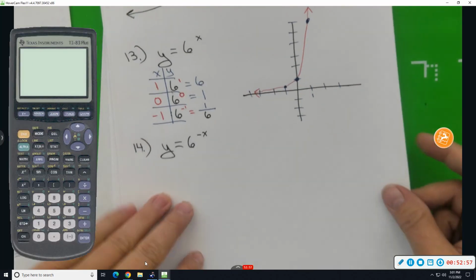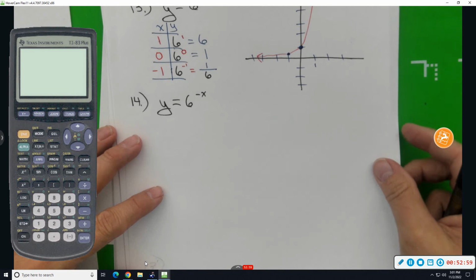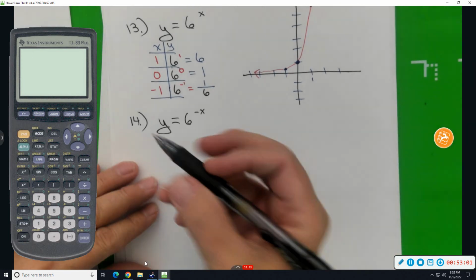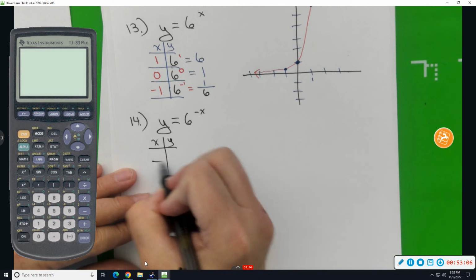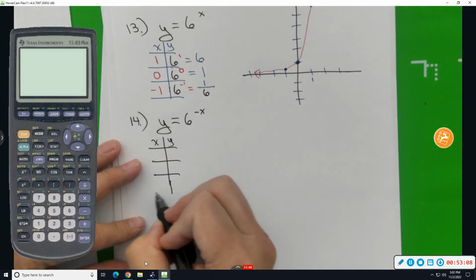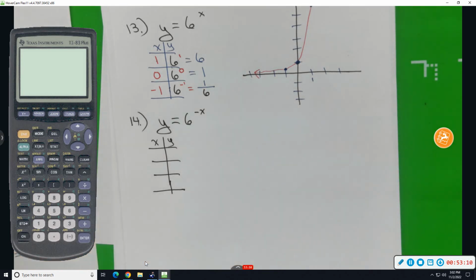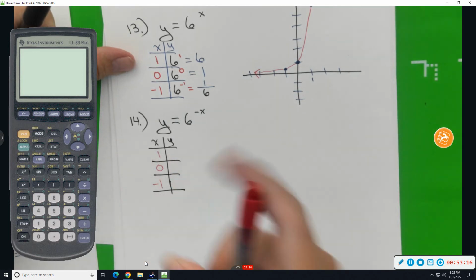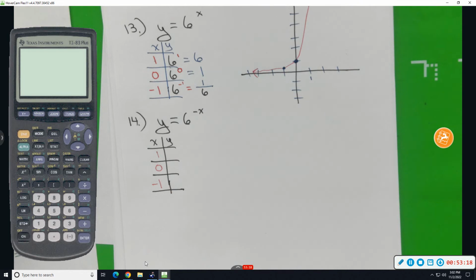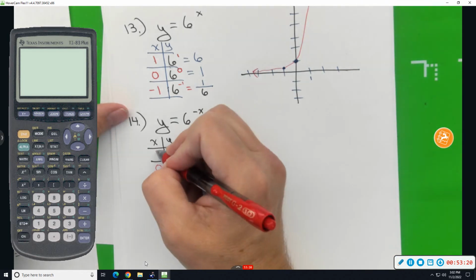So, this is going to be real similar to the one we just did, isn't it? We'll make our table of values. And once again, I think I'll only use 1, 0, and negative 1.